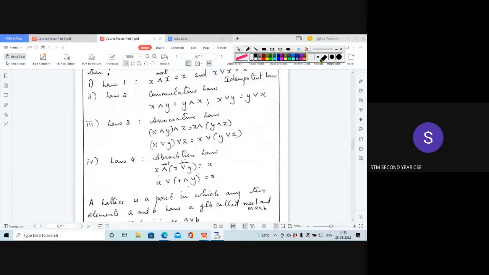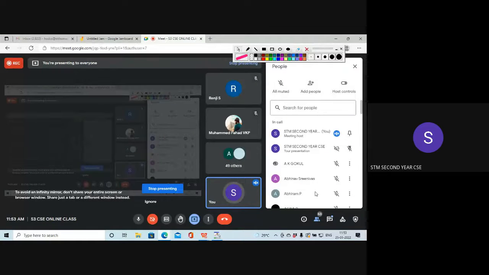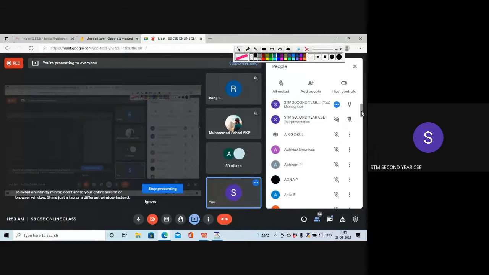Okay. So what are the four properties that needs to be satisfied in a lattice? Anyone? For a Hasse diagram to be a lattice, each pair of elements in the lattice should have a least upper bound and a greatest lower bound. Apart from that, these four laws will also be satisfied in a lattice.